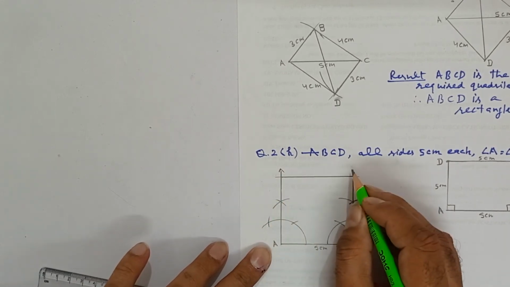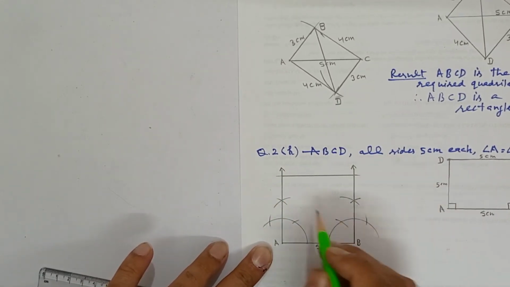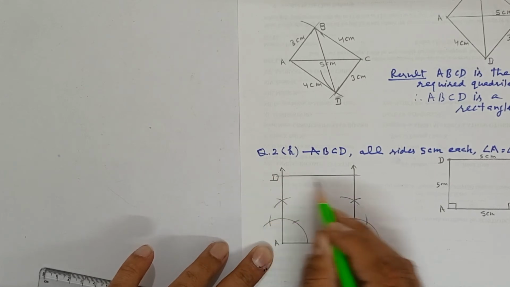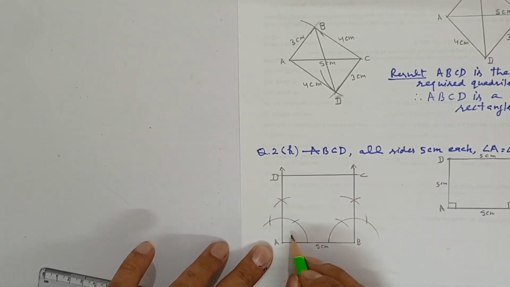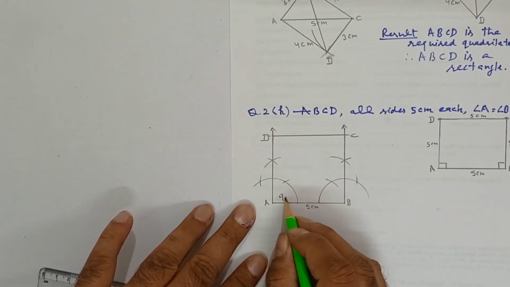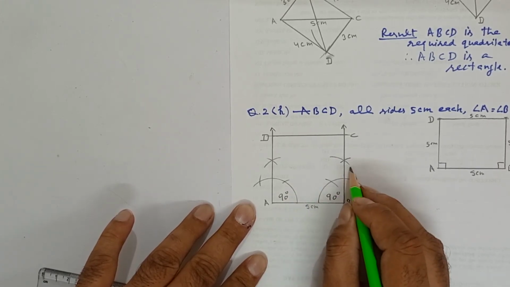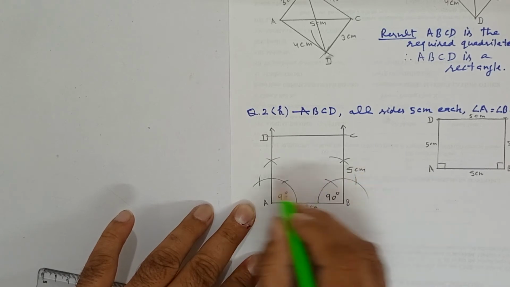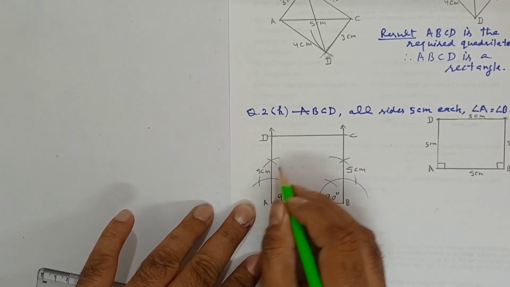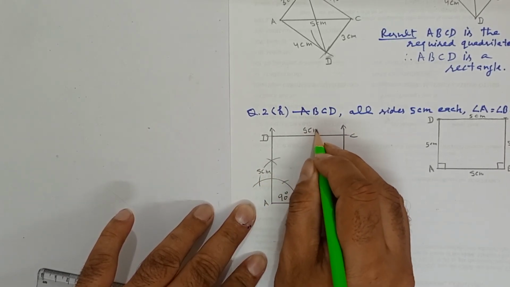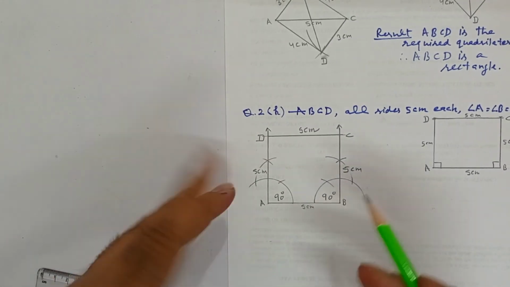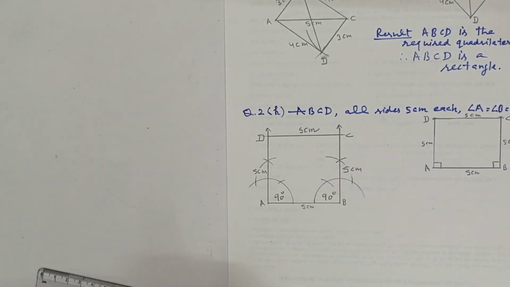This is point D. This is point C. And this is 90 degree. This is 90 degree. This is 5 centimeter, 5 centimeter, 5 centimeter. Even angle C and D will also come out to be 90 degree. So we have constructed H part also.